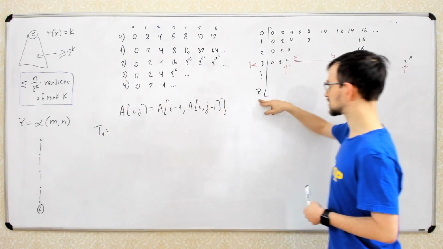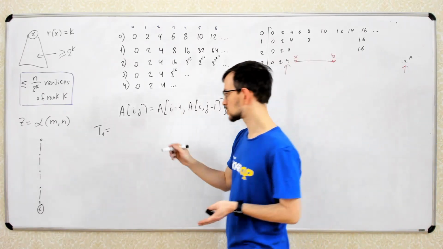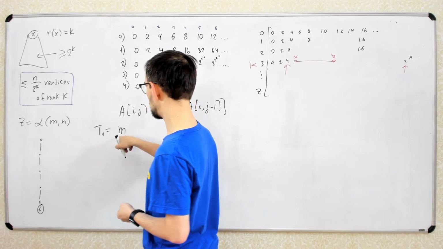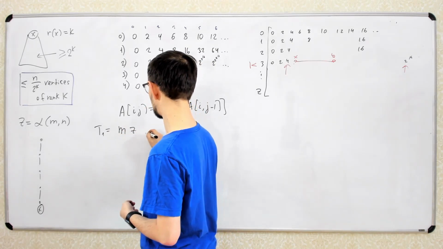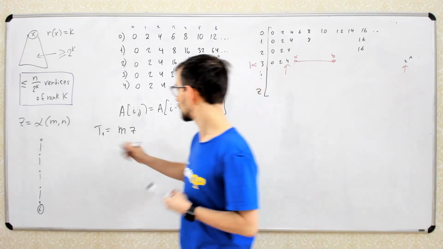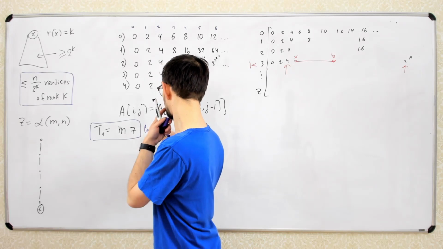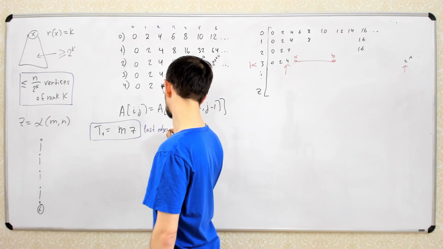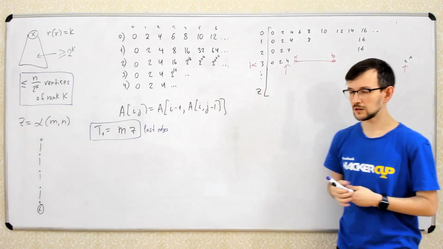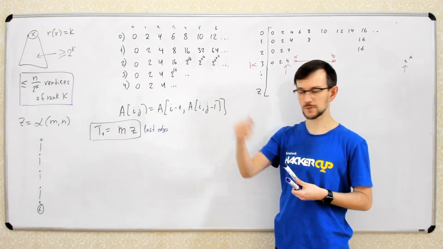We have Z classes, so we have Z final edges. For each query, we have at most Z final edges. From each class, we take only the last edge.